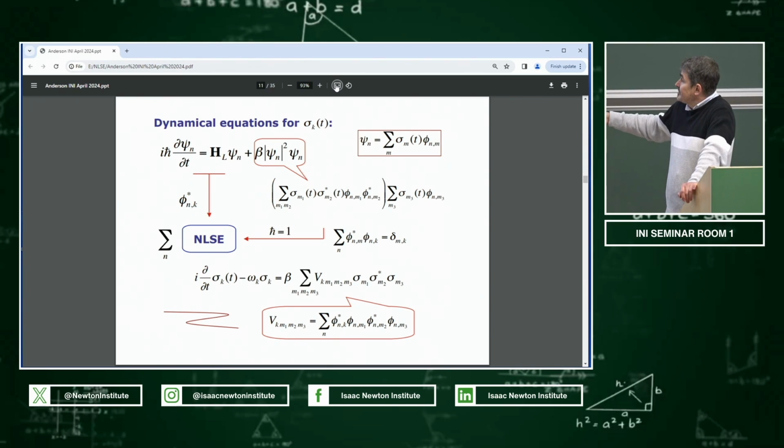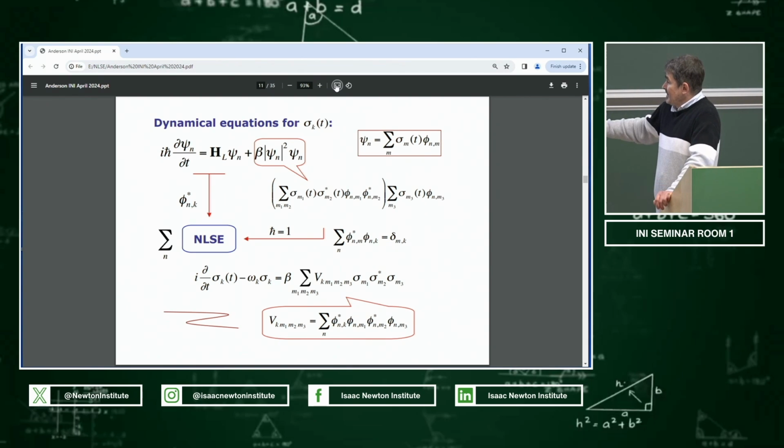Then you multiply both sides of this equation with phi_k star and sum over n, and use the normalization condition with the Kronecker symbol. And then you get your equations of motion for oscillators. So this is the usual oscillatory pattern. There is a coupling term, and there are coefficients. So it's hard.